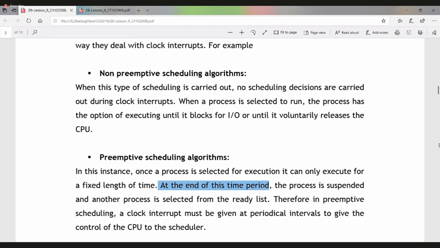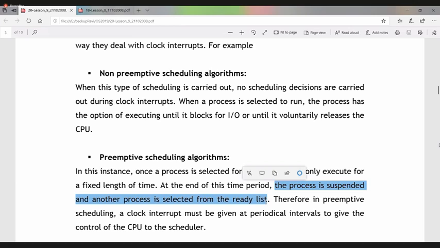At the end of this period, the process is suspended. So there's a time slot allocated, a CPU time duration. Once it is finished, we have to suspend it, and another process is selected from the ready list. Okay. So this is known as preemptive scheduling.